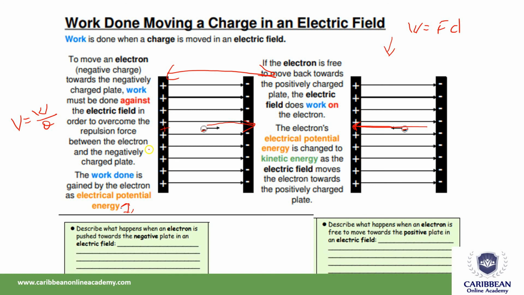And it says to us that whatever work is done on the electron, that electron is going to gain electrical potential energy. So the work that you take to move it from the positive to the negative, the charge is going to store what we call electrical potential energy. Good?